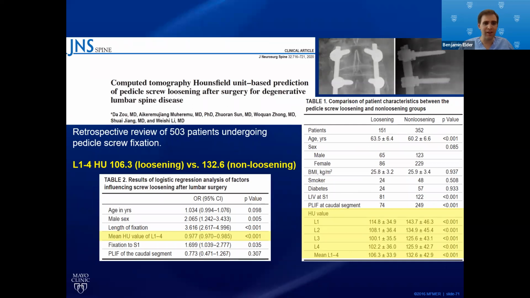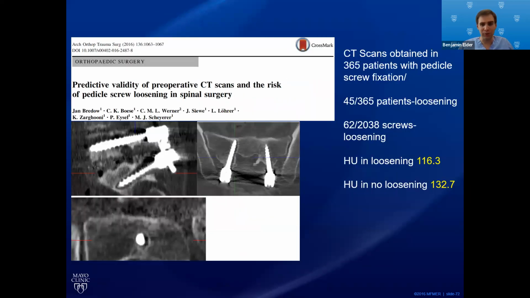This was another study using CT Hounsfield units to look for pedicle screw loosening. And they found that patients with loosening, again, had Hounsfield units around 106 versus an average of 133 in those without loosening. This one had a similar cutoff in another study with 365 patients compared to 2,000 without loosening.